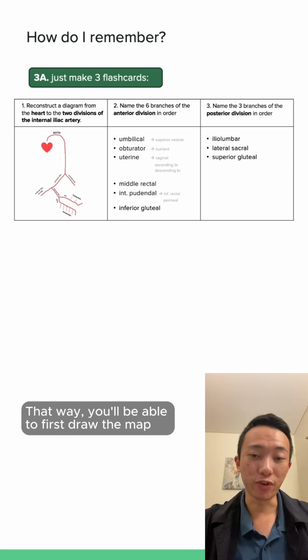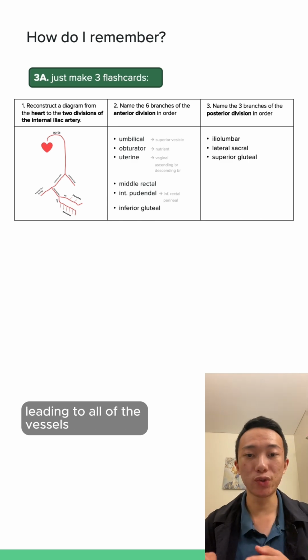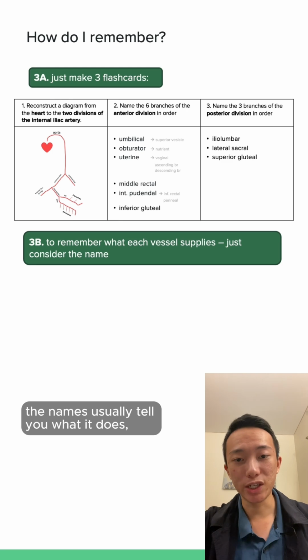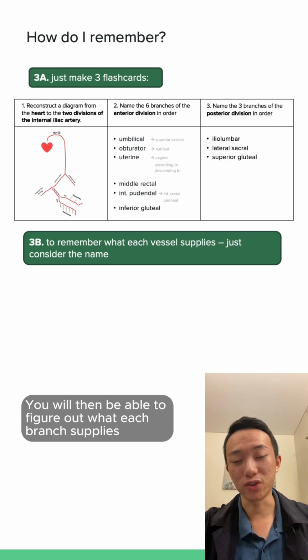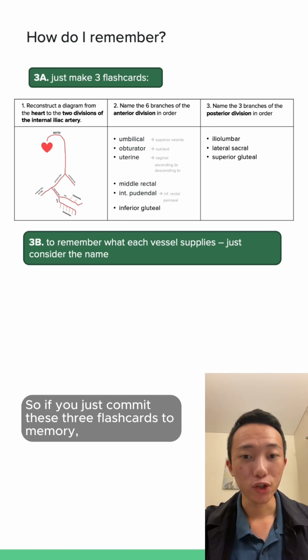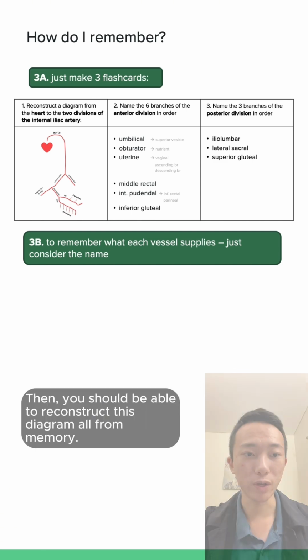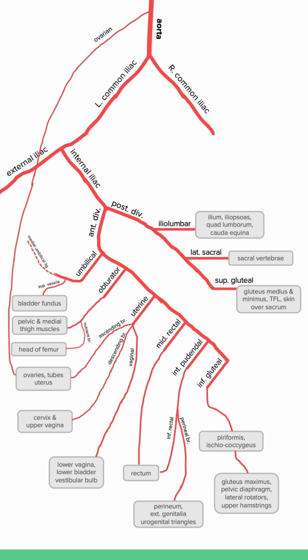That way you'll be able to first draw the map leading to all of the vessels, and then populate it with all the names. And if you consider that the names usually tell you what it does, you will then be able to figure out what each branch supplies. So if you just commit those 3 flashcards to memory, and they're not big flashcards, then you should be able to reconstruct this diagram all from memory.